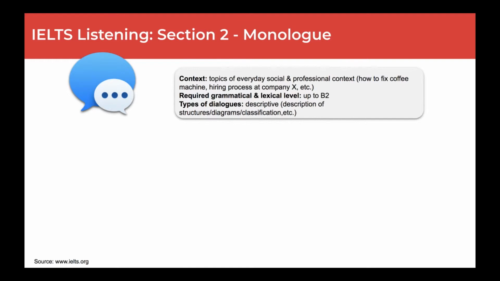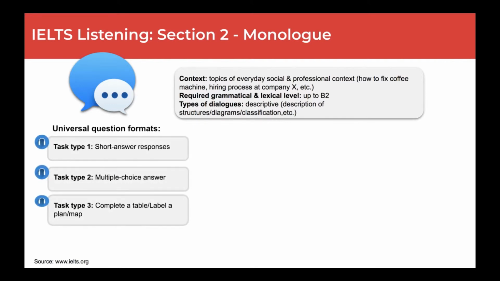So you can be provided a descriptive monologue about a structure, about a diagram. It could classify information and so on. And again, the questions that we have seen in listening section 1, which we can also call universal questions, they remain.